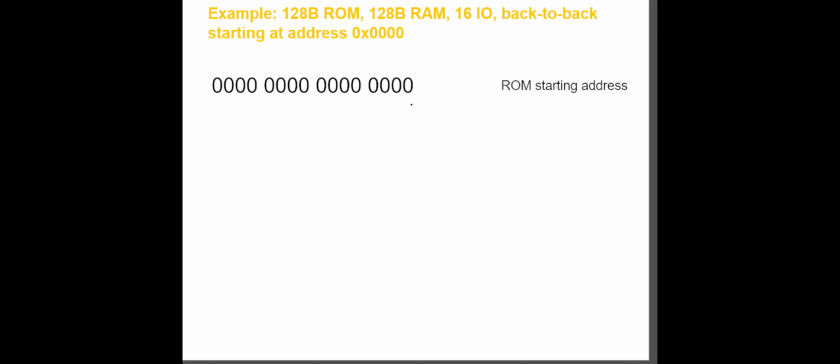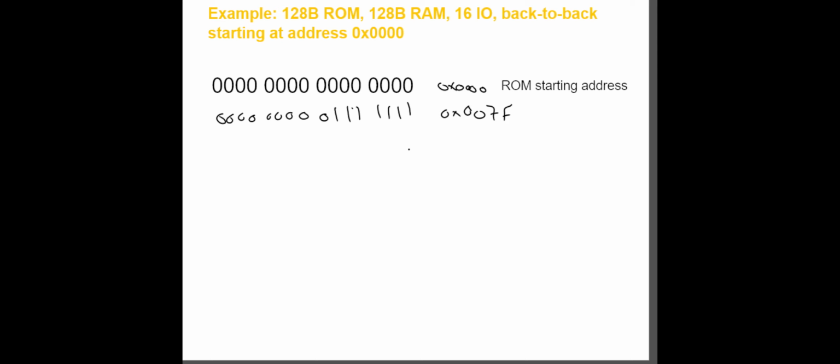So a quick way to do this is, like we said, we flip the lowest 7 bits from 0 to 1. So this will be 1, 1, 1, 1, that's 4, 5, 6, 7. The remaining bits continue to be 0. So the ROM range then is from 0x0000 to 0x007F.